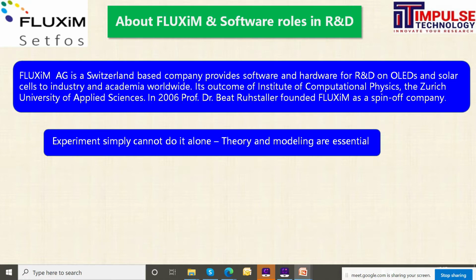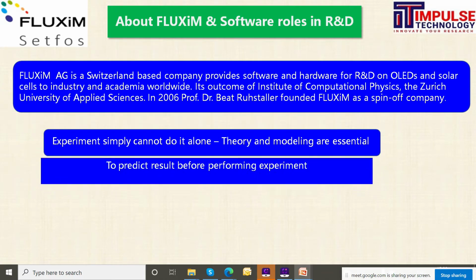That's why you get virtual simulations here, where you can predict the properties by theory, modeling, and simulations, and get the expected results. Then you can do the fabrication and synthesis to bring your results close to the experimental. That's why virtual simulation software plays a very major role in research and development.